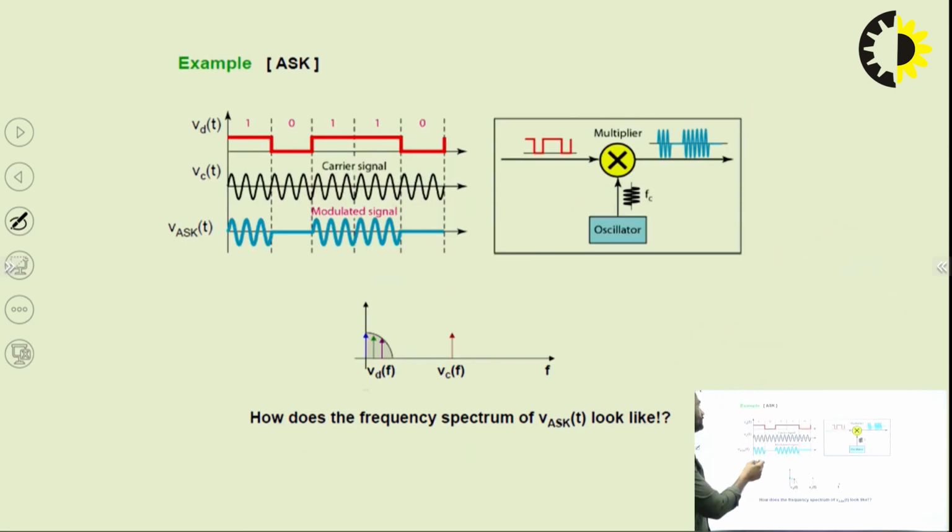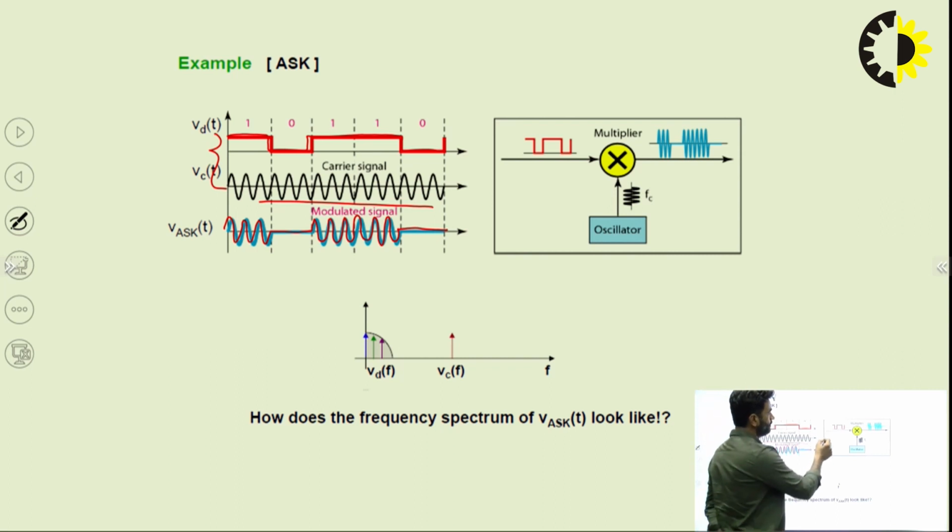In this figure you can see our data is 1 0 1 1 0. This is the carrier signal. When we mix these two signals, we get the carrier for 1, no carrier for 0, and again carrier, and at last the 0.